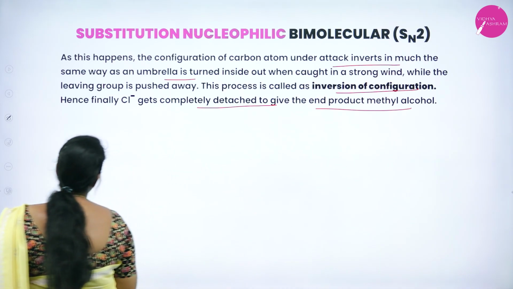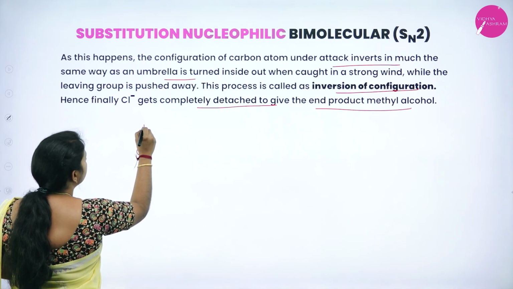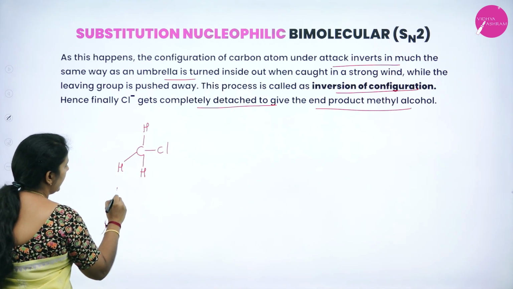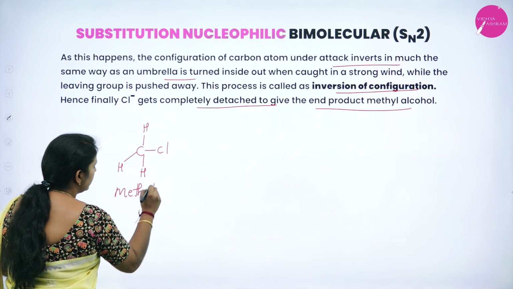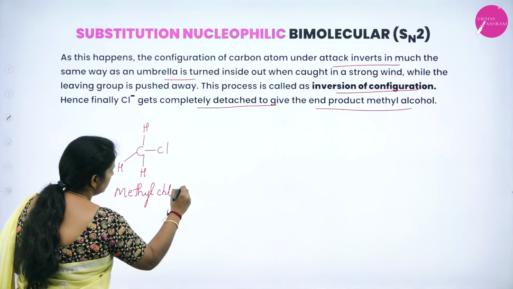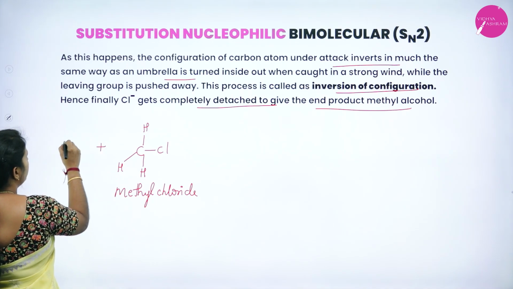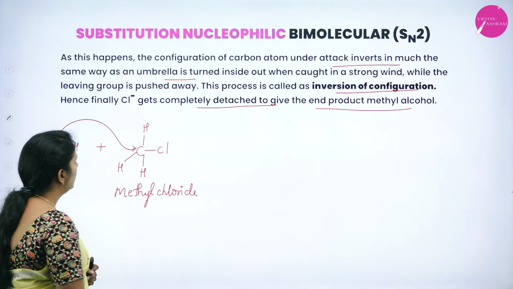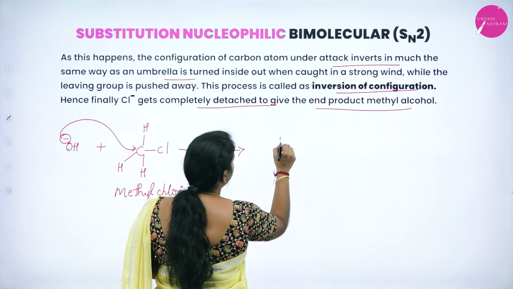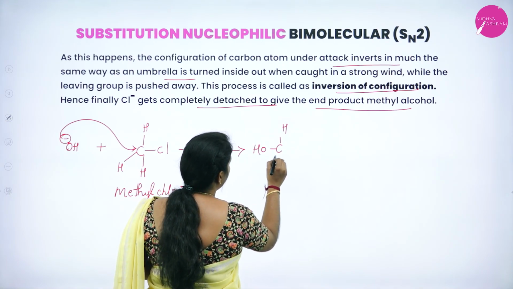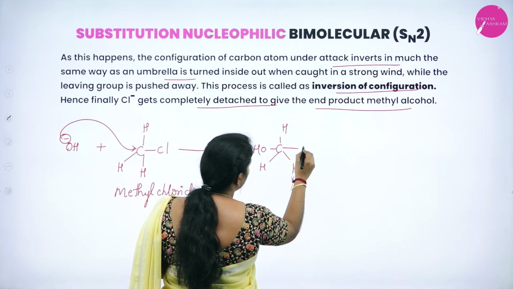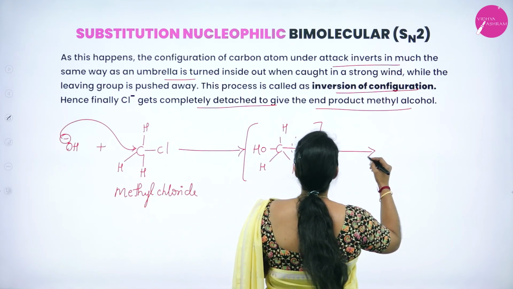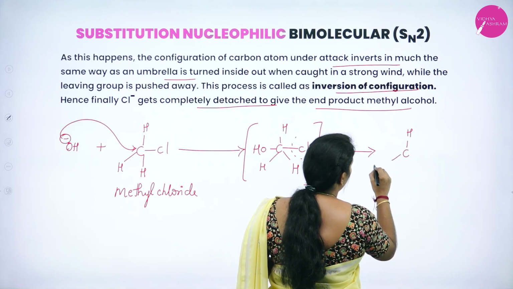So, I can show you that reaction once again. Okay, so we have methyl chloride, and we know that the nucleophile comes and attacks the carbon atom, thereby forming an intermediate complex, which is a transition state where this bond will be broken up to form an alcohol.